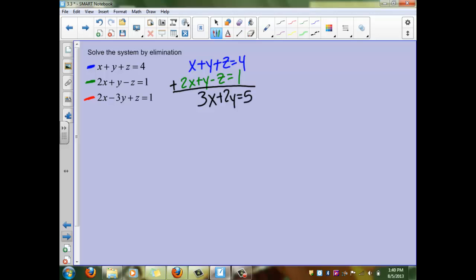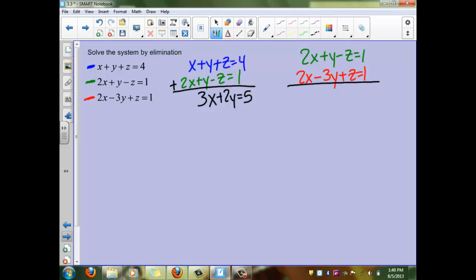Notice we're down to two variables. So once again, now we got to pick two other equations and get the z to cancel out. So if we go with the second two, so this one and the bottom one, notice we don't even have to multiply by anything.